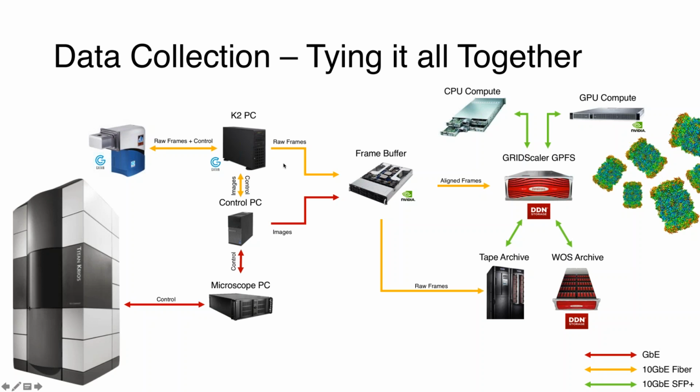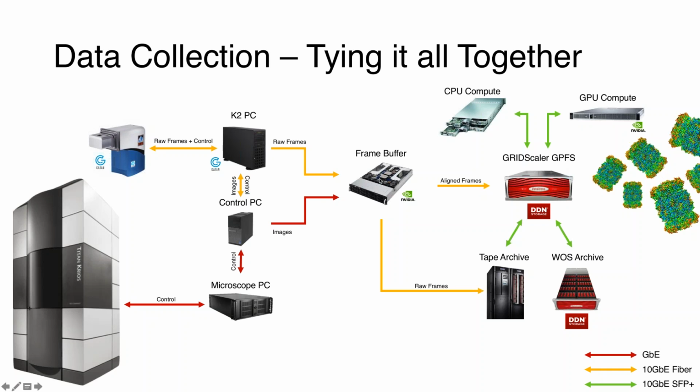Typically, it was run on our GPFS system here, but we run it on the frame buffer now. I think at Scripps it's specifically called raw transfer.py, but I think it's included in Leginon. You just have to configure it properly with the host name of your K2 PC and set up the shares between them. That script goes out to the K2 PC, fetches the frames, renames them into the Leginon naming specification, and puts them here.